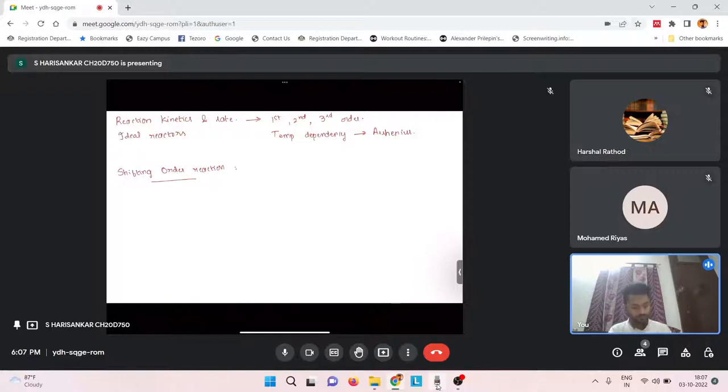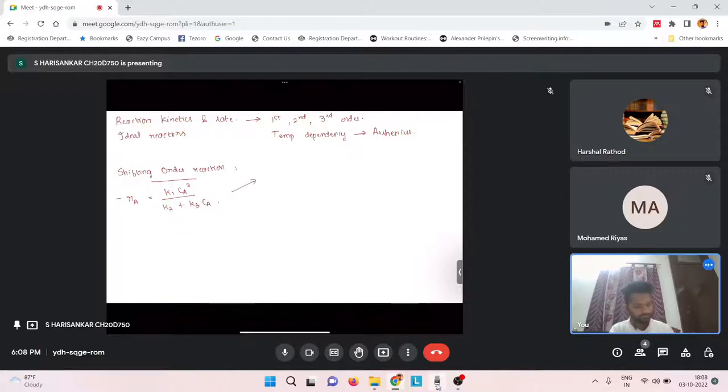Okay, so let us take one case. Ra is equal to K1Ca square by K2 plus K3Ca. So let us say we have a reaction whose reaction rate is defined as K1Ca square by K2 plus K3Ca.